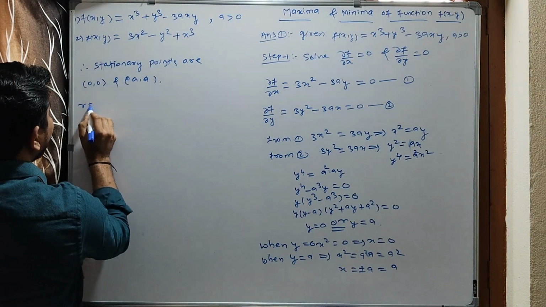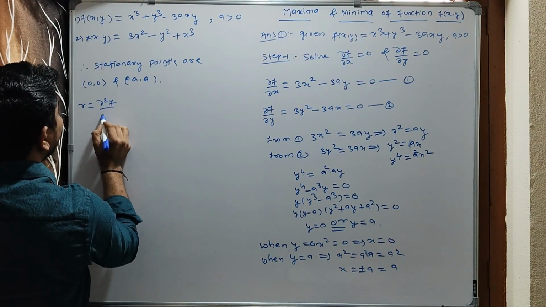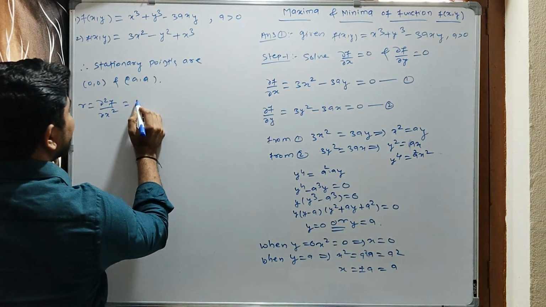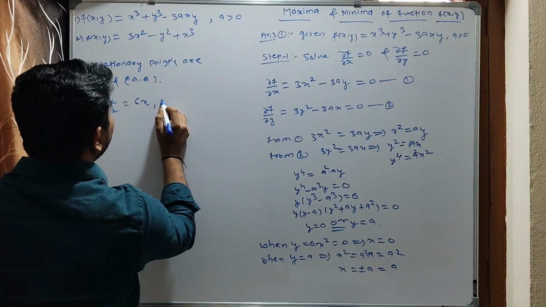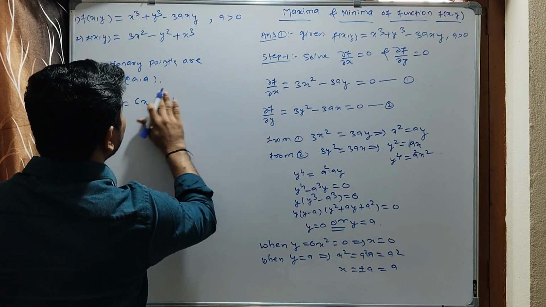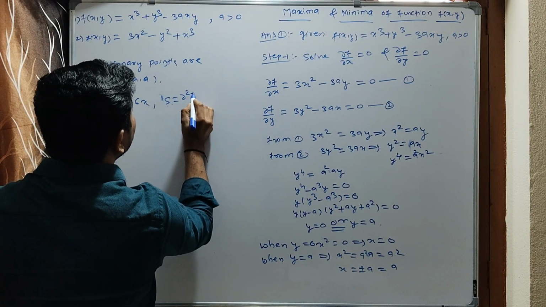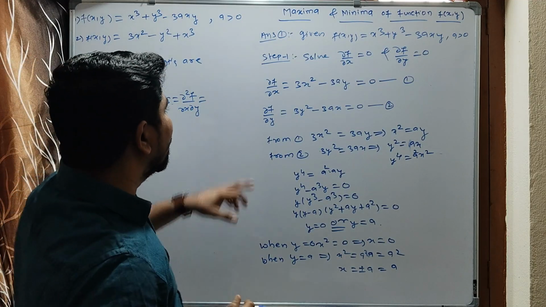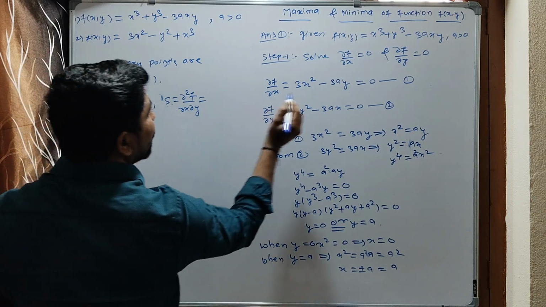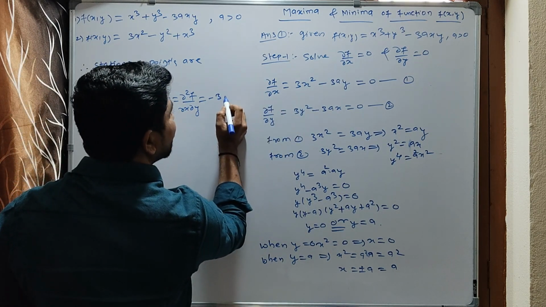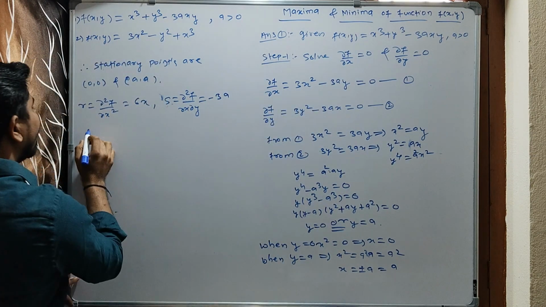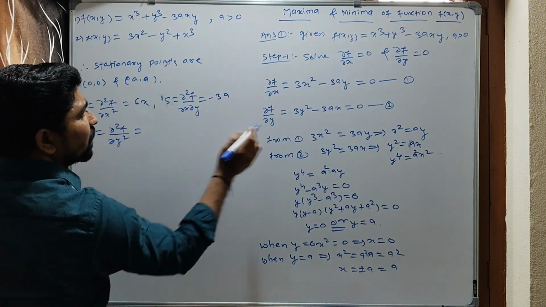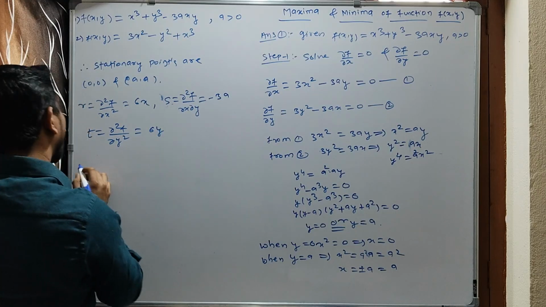Therefore now find r equal to dou 2f by dou x square. So here dou f by dou x is this, dou 2f by dou x square is 6x, and s equal to, first find s equal to dou 2f by dou x dou y which is equal to minus 3 times a, and t equal to dou 2f by dou y square which is equal to 6y.